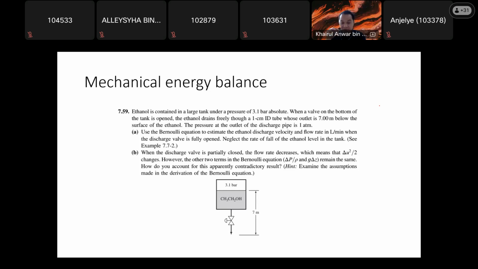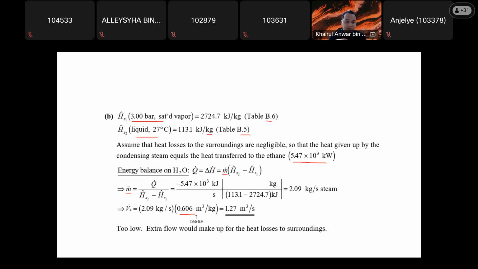On page 642, at 27 degrees C, they do not have 27, they have 26. So you need to do a calculation to get the specific enthalpy. So for this case, the specific enthalpy is in mass form.